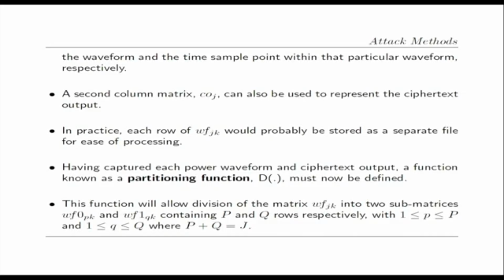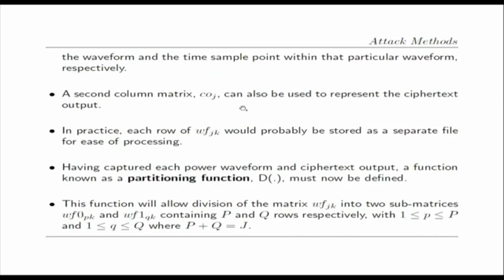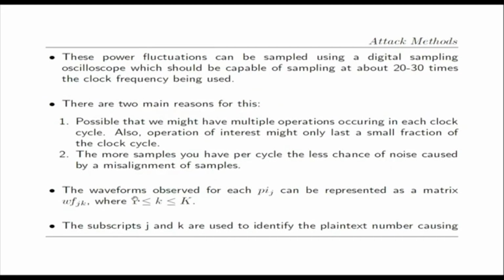So, we have the plain text denoted by Pij, and COJ is the corresponding ciphertext, and this is the corresponding matrix, which is called the waveform matrix, due to this digital sampling of the power fluctuation. This is the waveform matrix WFIK.